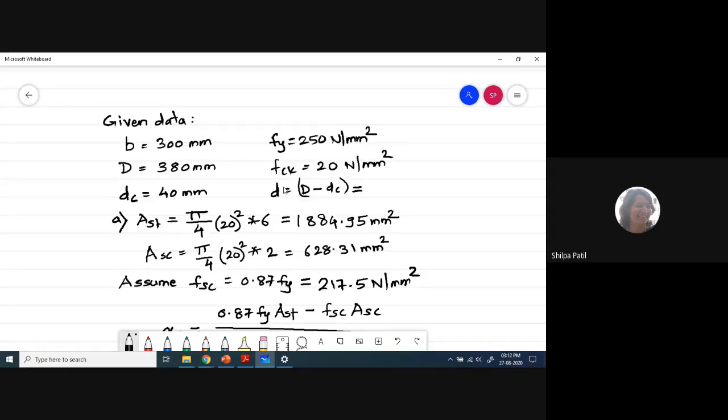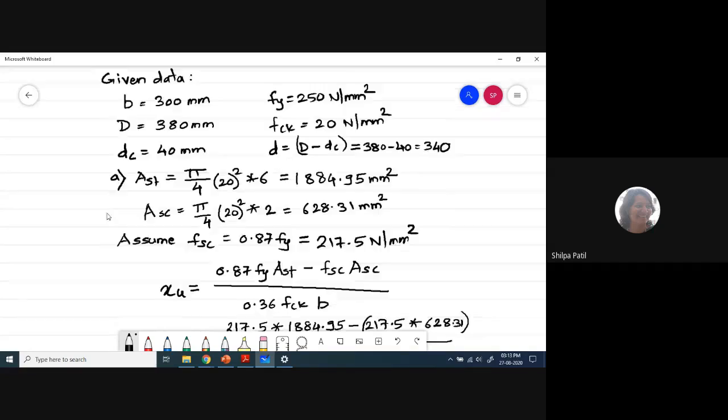So it is 380 minus 40. And 40 is from both sides, top and bottom cover. Normally, we provide the same cover at the top as well as at the bottom.